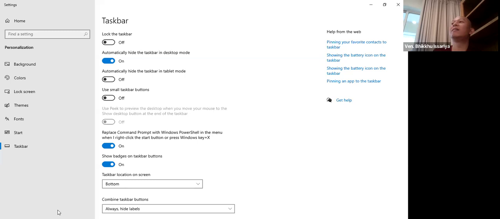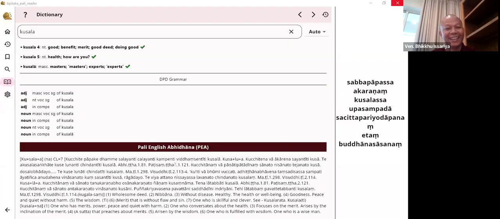Just the meaning of kusala. Merit. That is masculine, no. In the other dictionary.